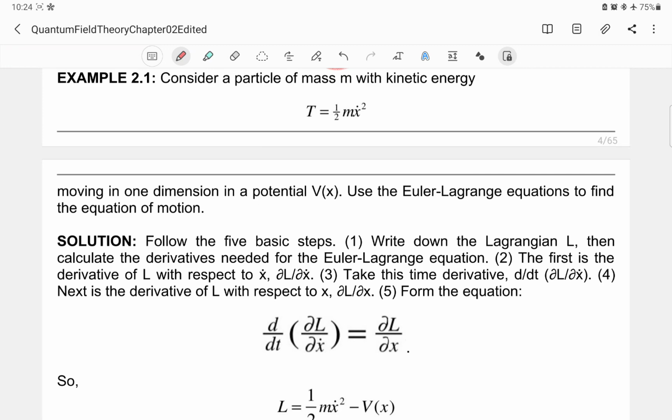Second, take the derivative with respect to x dot, then the time derivative of that, then the derivative with respect to x, and then we'll form the equation. Those are just the basic steps in finding the equation of motion of a system.